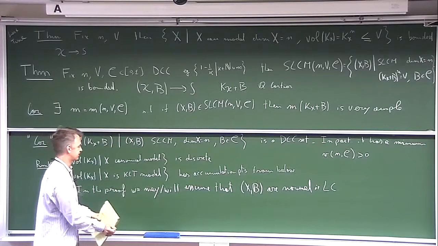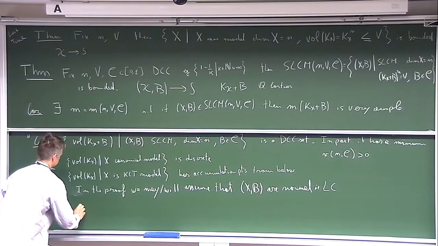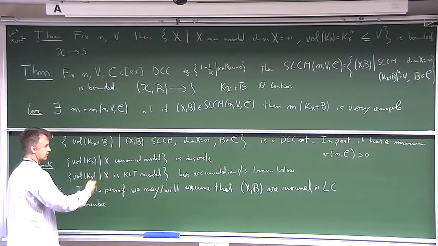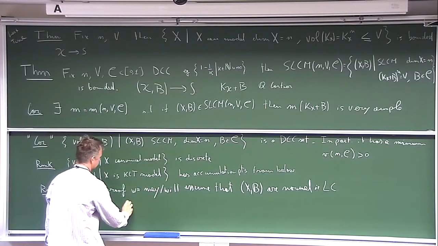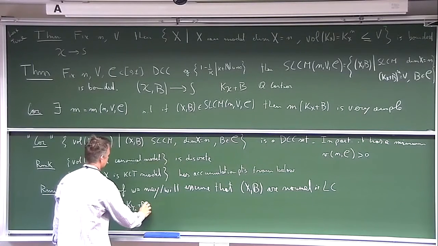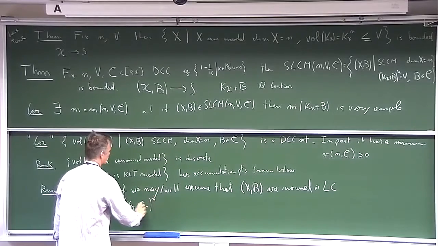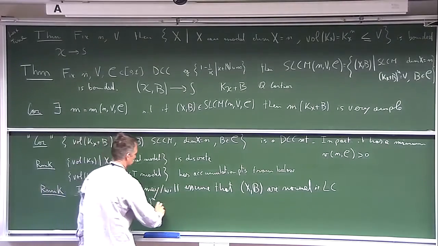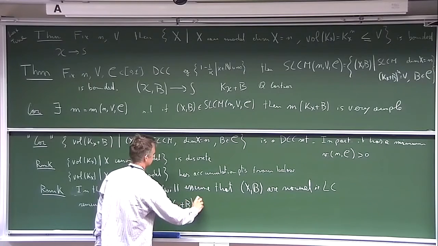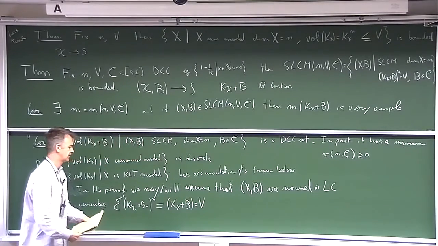And then, remember that after taking the normalization, we get components Y_i with boundary B_i, and each component will have their volume, and the sum of these volumes will be equal to K_X plus B, which I'm fixing to be a fixed amount v.